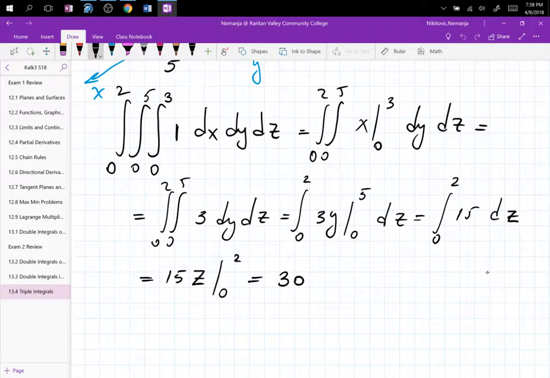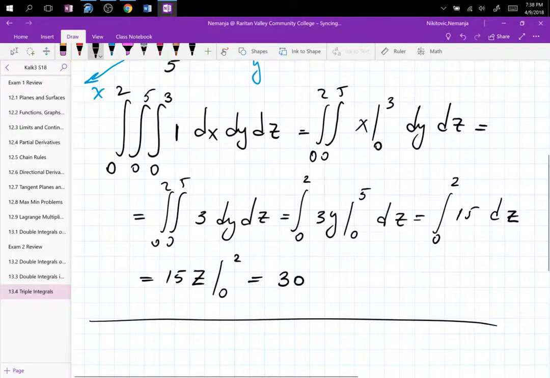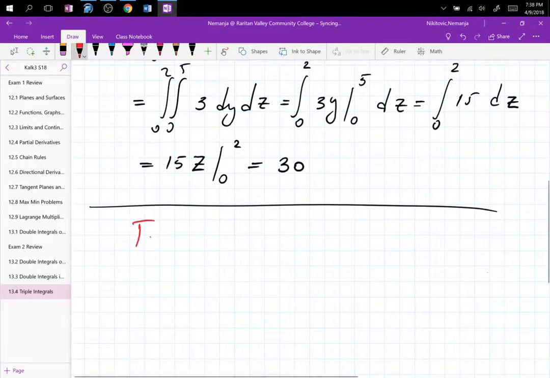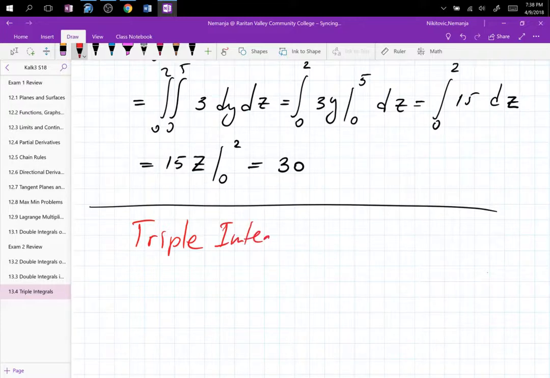Now let's focus on the one that we actually are going to use to compute shapes, and that is going to be the triple integral over a general region.